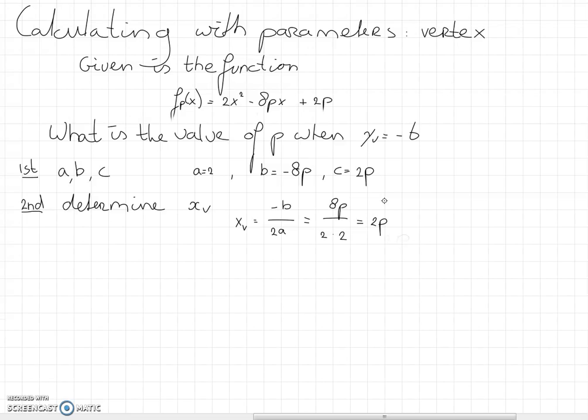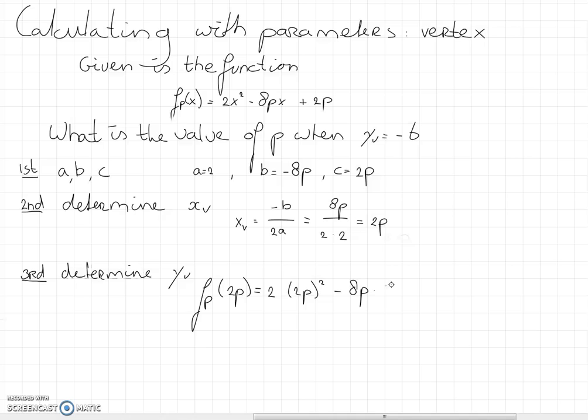The next step is determining y_v, so the y-coordinate of the vertex in terms of p. We can do that by substituting the x-coordinate into the function. So we get f(2p) is 2 times x², so in this case 2(2p)², minus 8p times x, so times 2p, plus 2p.